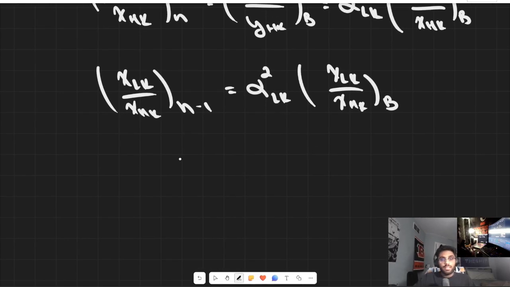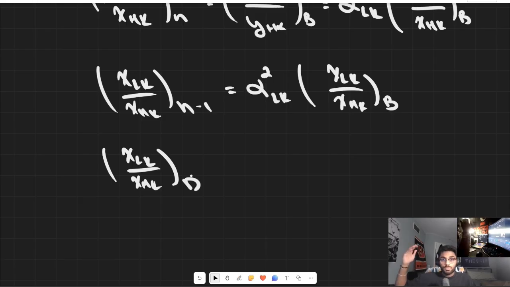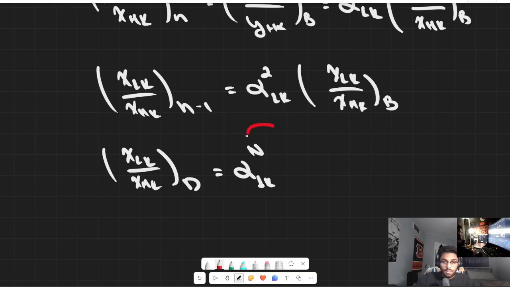So if we were to say that we are going all the way up to the condenser where our distillate is exiting, what we will find is that we're going to have this relative volatility to the nth power, n being the number of stages.